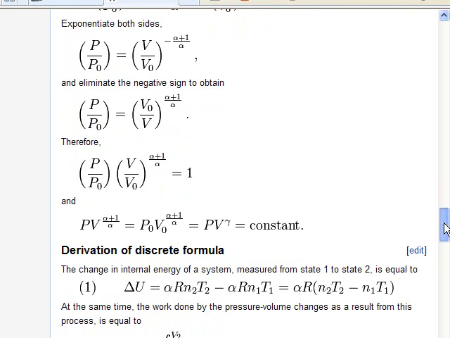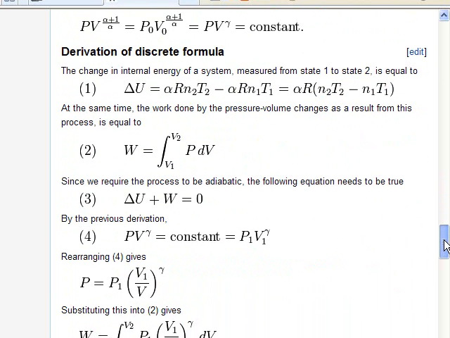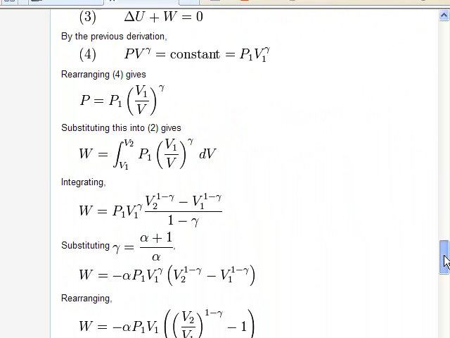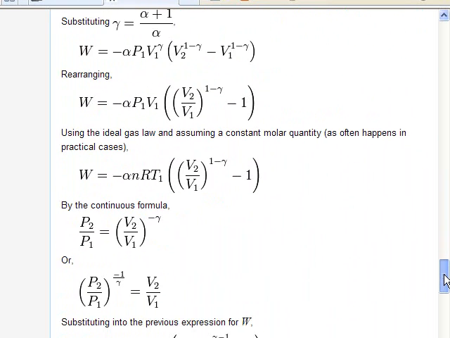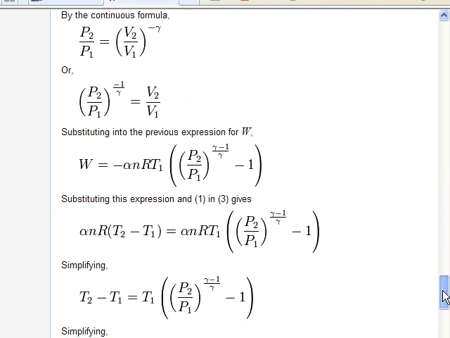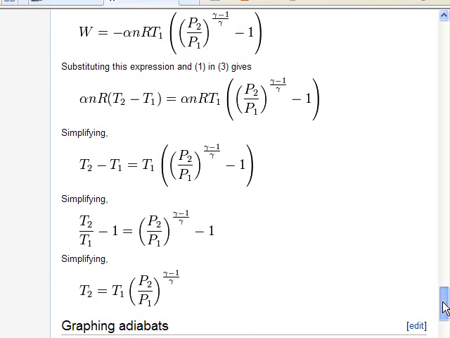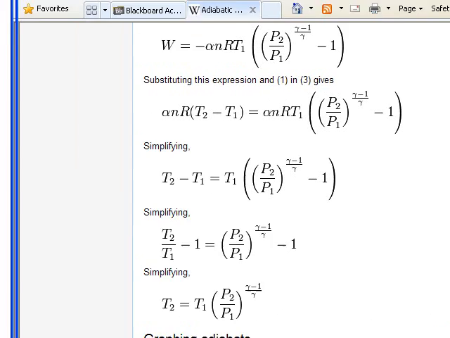And then for the others they would do something really similar. Let's see, where did it go? I think this is the one. Yeah, here's the one for temperature and pressure, and somewhere in between is the one for temperature and volume.